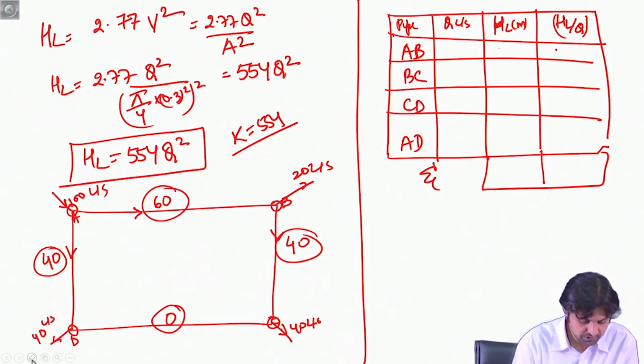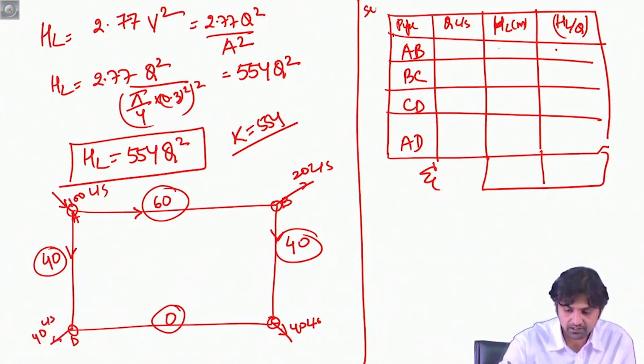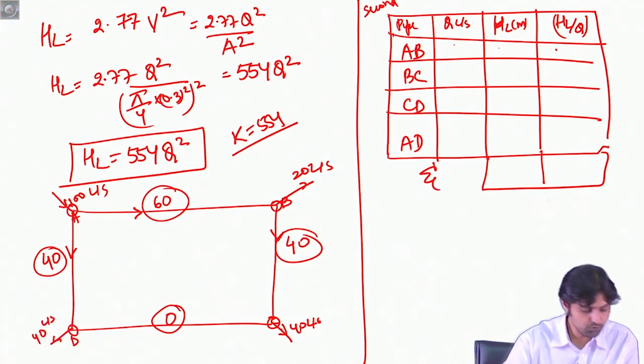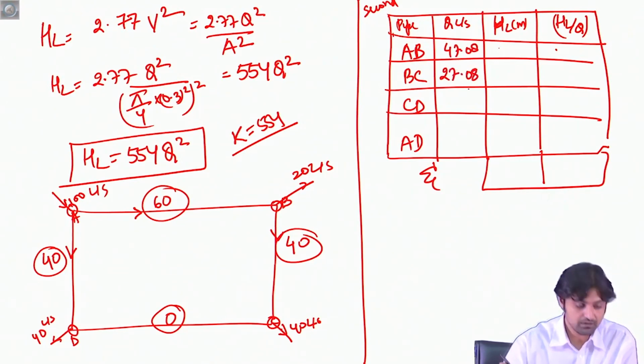So, now this is the second trial. Q here will be 60 minus 12.92 because delta Q was negative. So, it becomes 47.08. First step is to write down the values after the correction, minus 12.92 and thus minus 52.92.